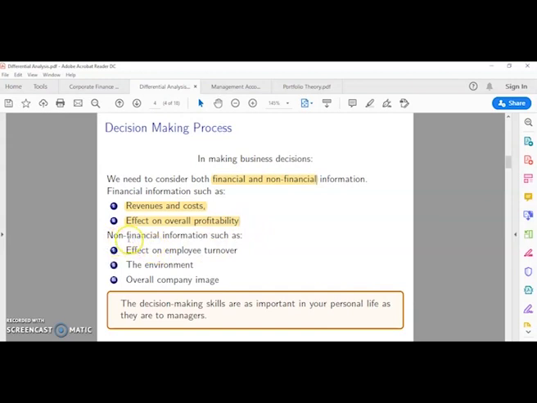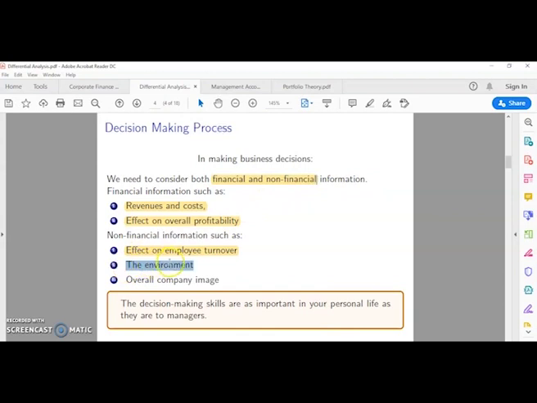We also have some non-financial information, which is very important in decision making. For example, the effect on employee turnover. Sometimes, let's say, if you have some issues with having a proper office or proper instrument that the employees need, this can easily affect the employee turnover.